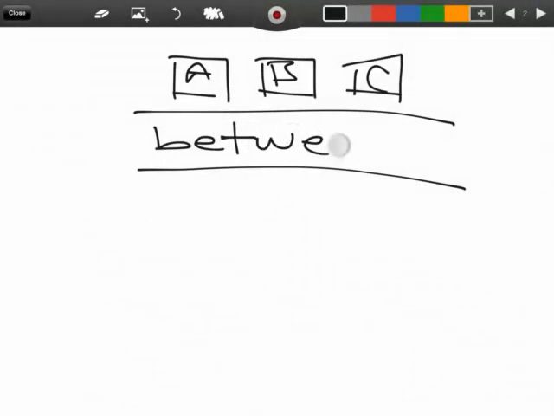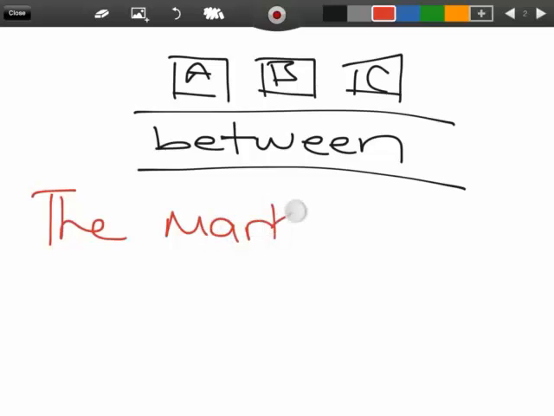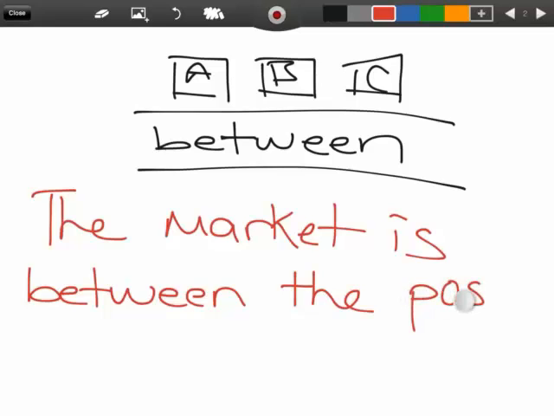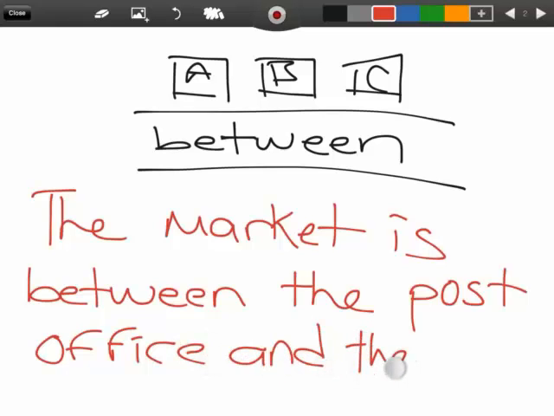And I could say the market is between the post office and the police station.